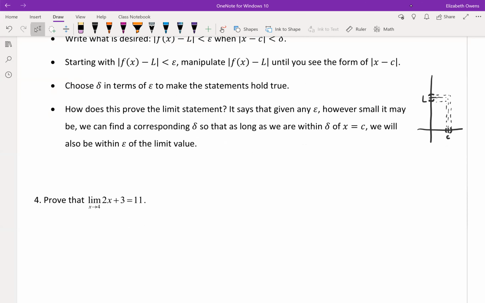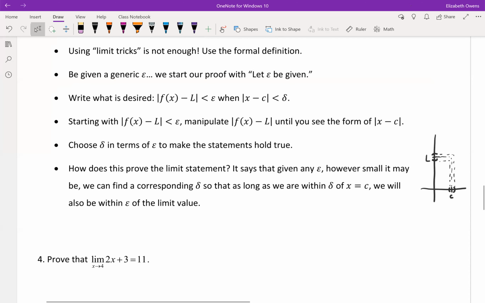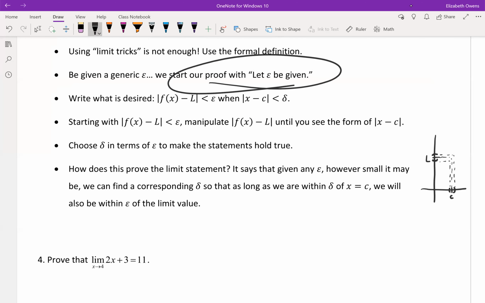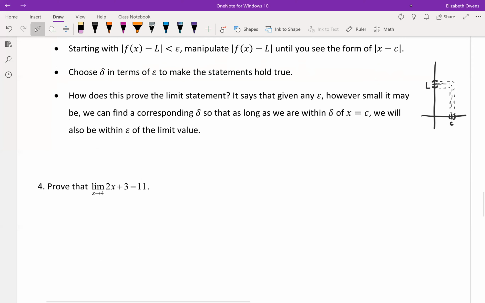We are going to prove that the limit as x approaches 4 of 2x plus 3 equals 11. Okay, so what we're going to start with is: let epsilon be given. We are literally going to write that statement. Let epsilon be given.